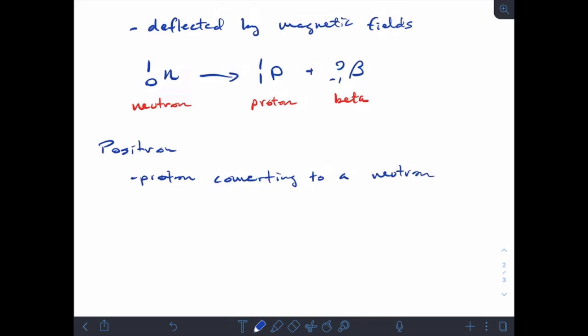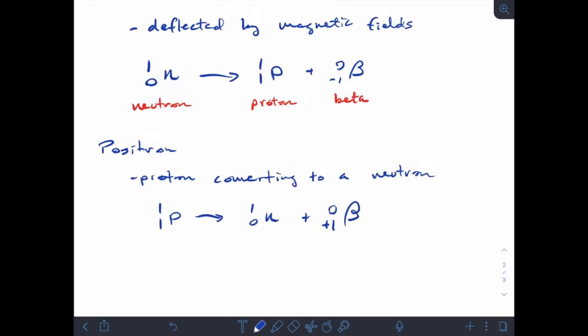Essentially the opposite process of beta emission, where beta goes from a neutron to a proton. Positron emission results from a proton becoming a neutron. So we would see a proton becoming a neutron plus a positron.